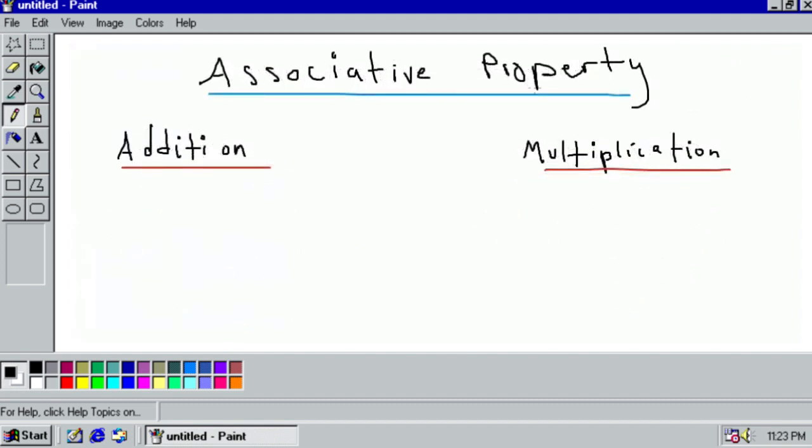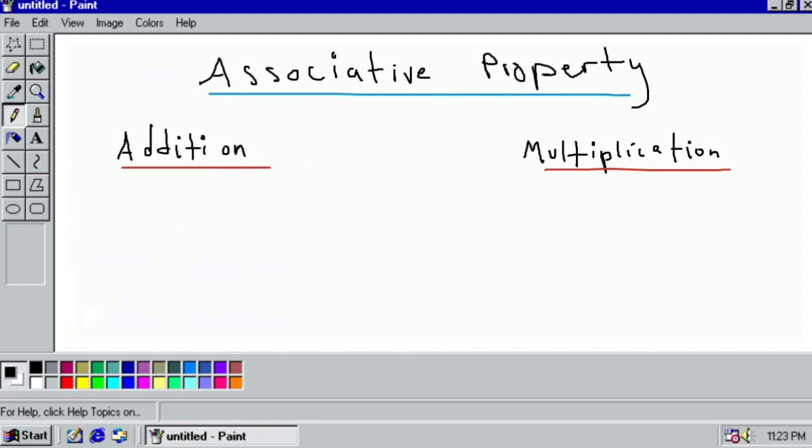The next property we have is the associative property. This property states that the grouping of the addends or factors does not affect the result. For this to work, we need three variables. Let's have a plus b plus c.